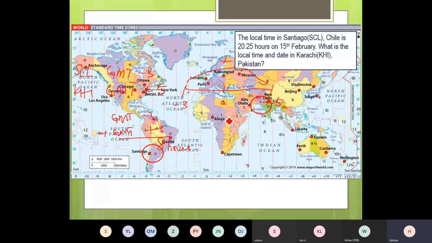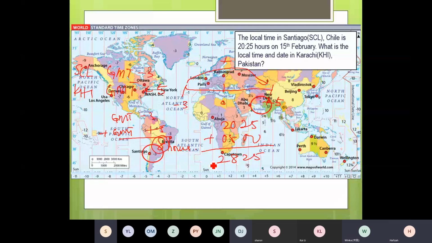So what you should do is take the Santiago time and, with the 8 hours, plus or minus? Plus. Okay, you should plus the 8 hours. So what time do you get? 28. Is there 28, 25? No. So how to do?